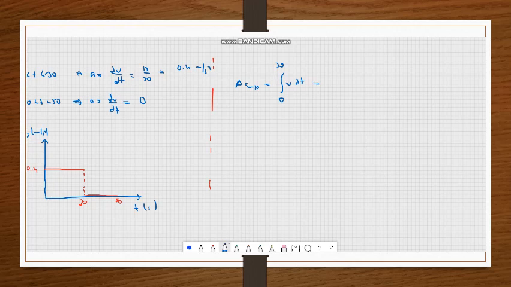So velocity is 0. It's linear, and so we can basically directly say the acceleration is 0.4. The acceleration multiplied by time is going to give us the velocity curve, which is linear, as I said.